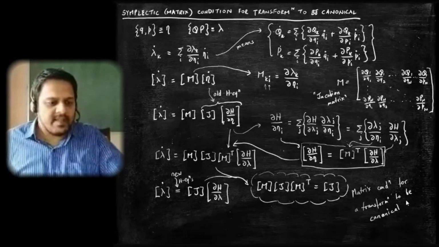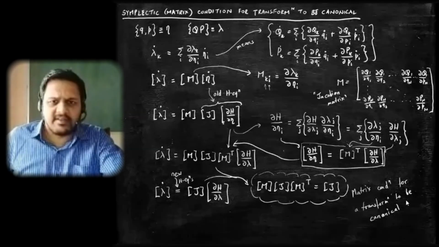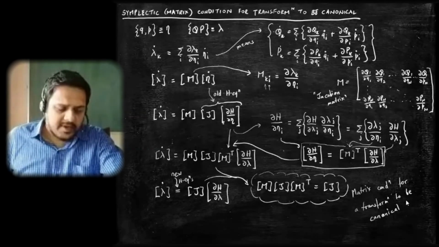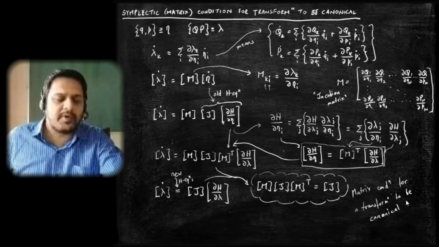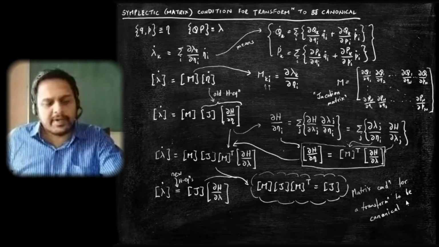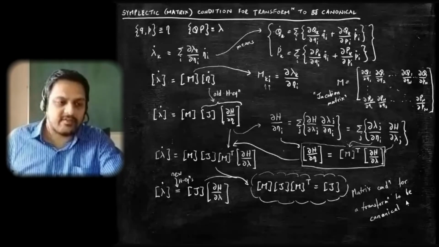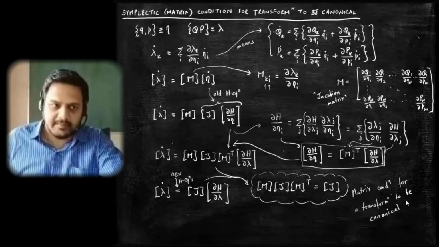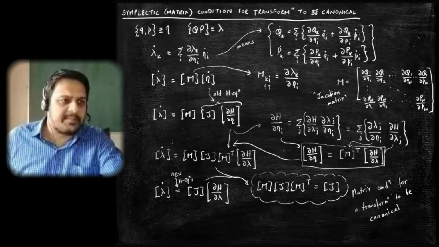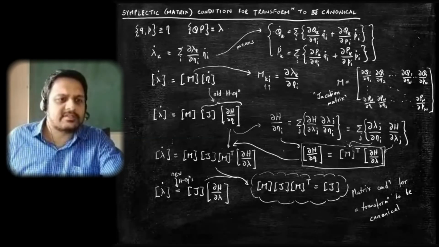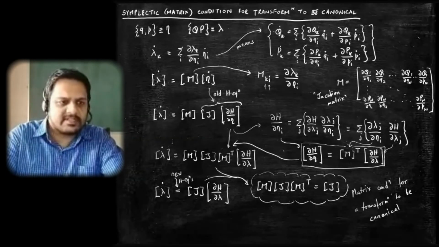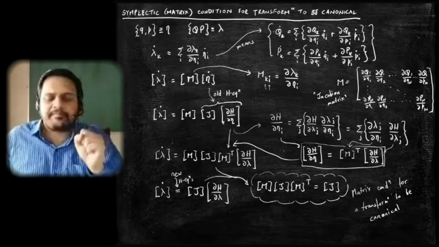Okay. This is the matrix condition for the canonical transformation. For any transformation from small q, small p to capital Q, capital P, in order for it to be labeled as a canonical transformation, this condition has to be satisfied. Once again, I keep saying this again and again because it needs to be emphasized.